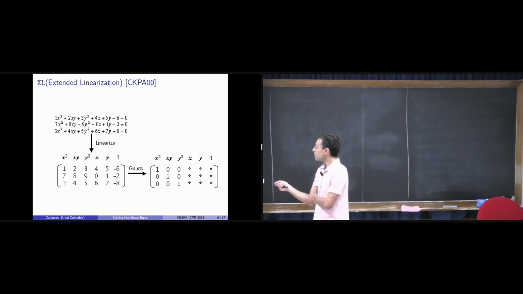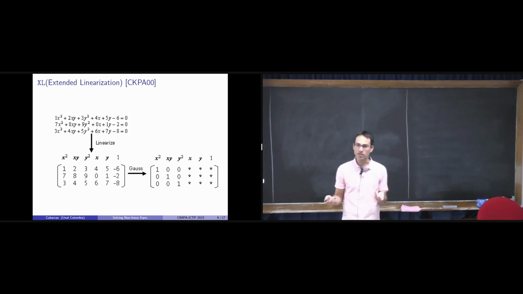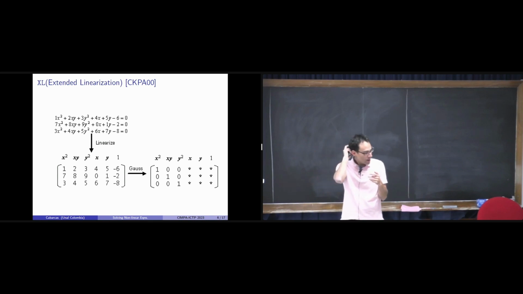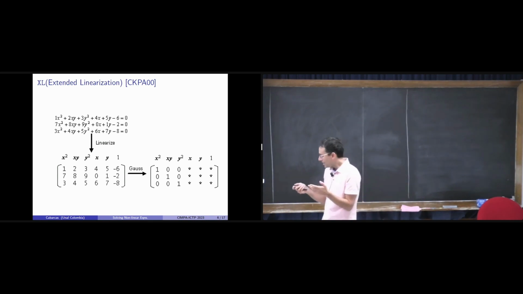Now, we can do Gaussian elimination on that matrix and we're going to get something like this. Now, we can take each of those rows and think about them again as polynomials. Each of those rows corresponds to a polynomial in the ideal generated by the three original polynomials. And since all we did was row operations, they still generate the same ideal.